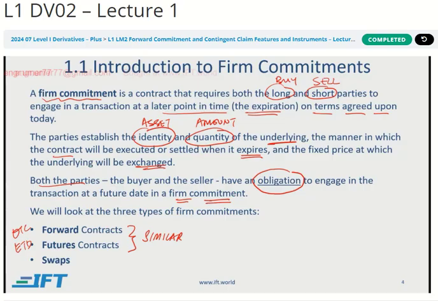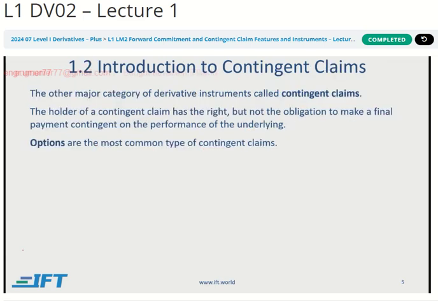But before we move on to forwards and futures, I want to talk a little bit about the other type of derivatives, which are contingent claims. Contingent claims are not an obligation for both parties, but for one of the parties, it is a right but not an obligation.